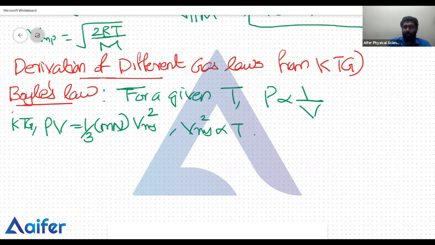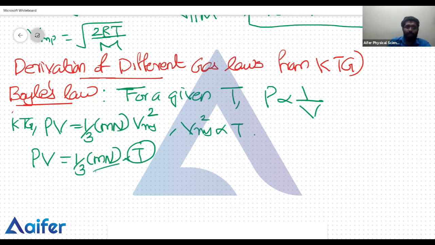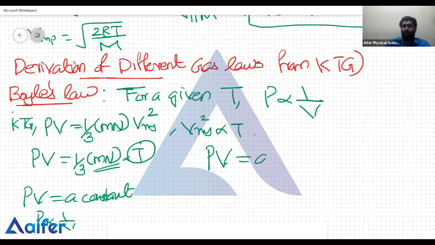So for a given temperature, we could write PV equal to 1 by 3 Mn T. For a given mass, M is a constant, and for a given T, temperature is fixed. So PV equal to a constant, which means P is proportional to 1 by V. That's it. So this is the result: PV equal to a constant, or P proportional to 1 by V.